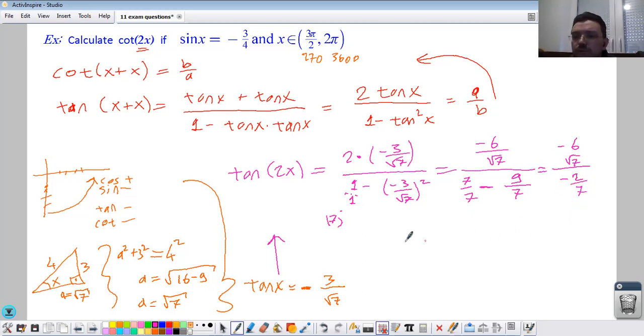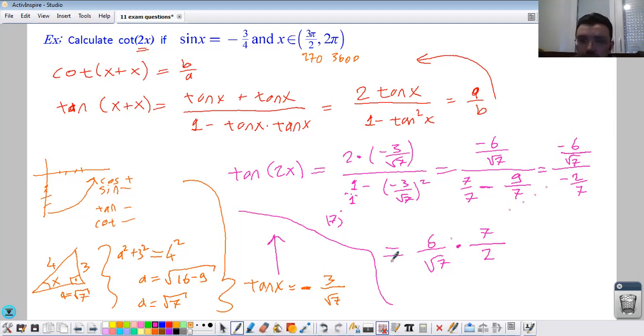So minus over minus will be positive if I move on from this point. Then you keep the first number the same. This is 6 over square root 7. 6 over square root 7 remains the same. And then you flip the fraction in the denominator. You make it 7 over 2. I didn't write the negatives.